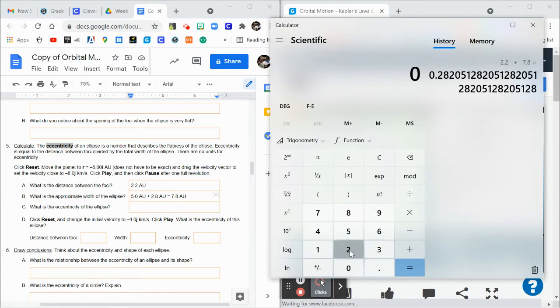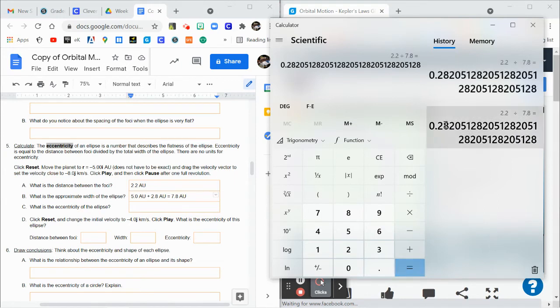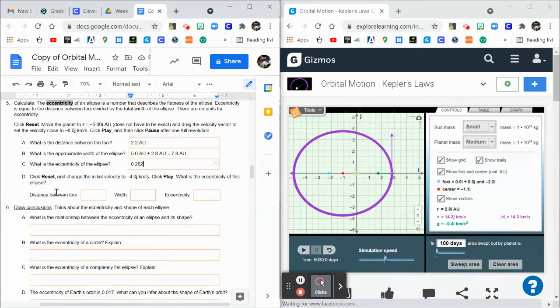So it's 2.2 divided by 7.8. And I get 0.282. There it is.